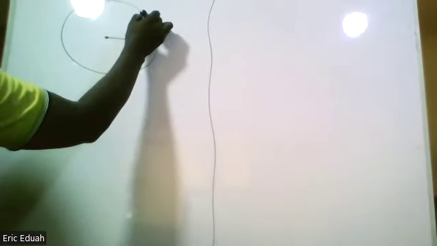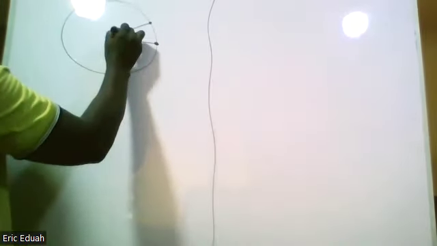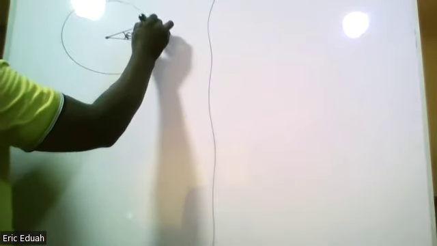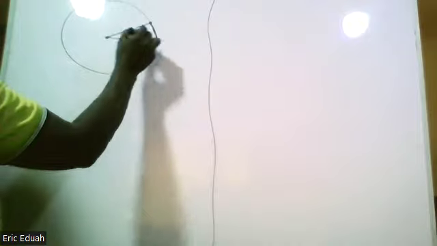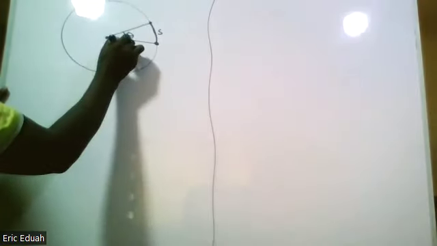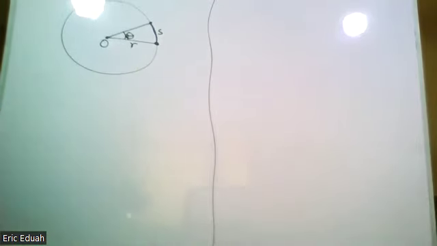So when a body moves from A to B, this angle at the center, theta, is what we are calling the angular displacement. There is the linear displacement, and what we have here is the radius of the circle. There's the center.